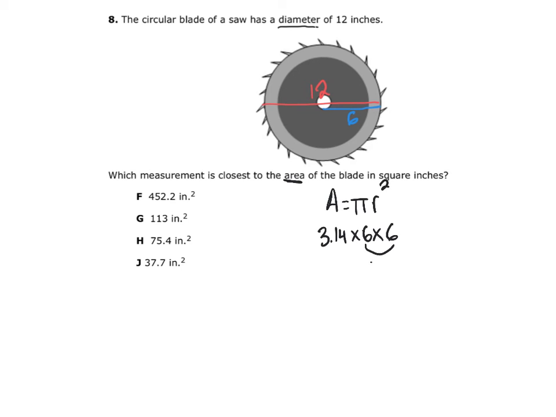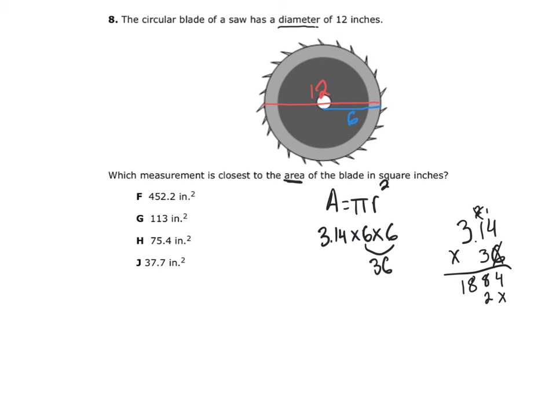Now 6 times 6 is 36. We got to multiply it by 3.14 now. 6 times 4 is 24. Carry the 2. 6 times 1 is 6, plus 2 is 8. 6 times 3 is 18. X for place value. 3 times 4 is 12.